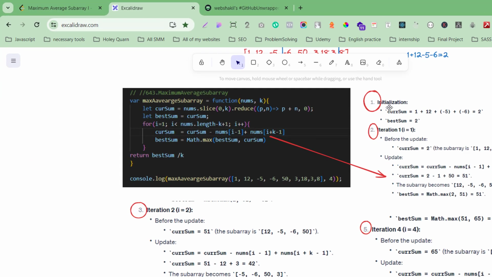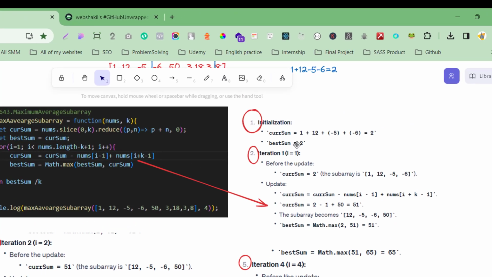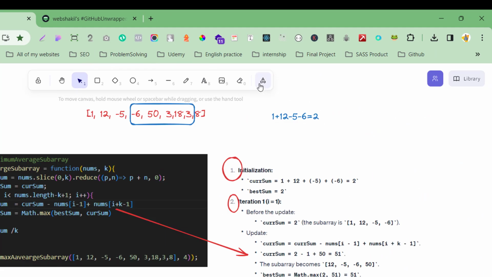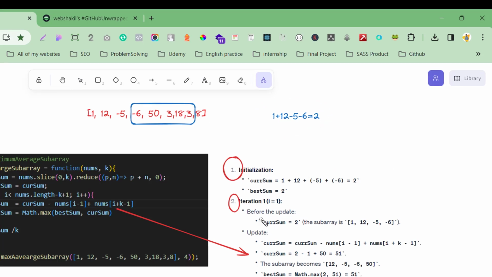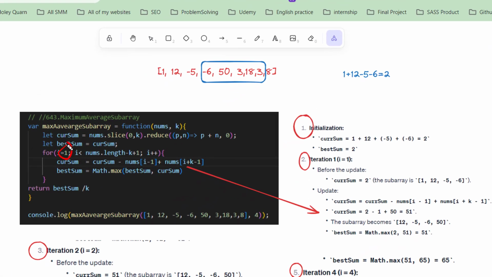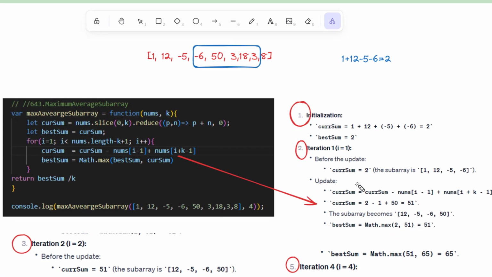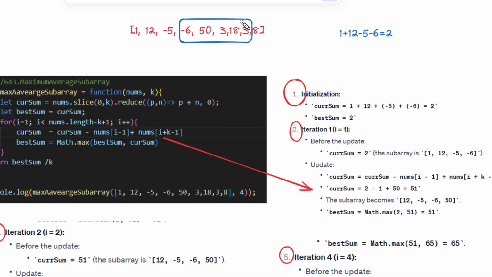So in the first iteration, initialization, we are getting the number 2. And in the first iteration, as it starts from 1, it will create a subarray. The first subarray will be 1, 12, 5, 6. And current sum will be nums[i - 1], I mean nums[i] means 1 minus 1, so it will be 0.